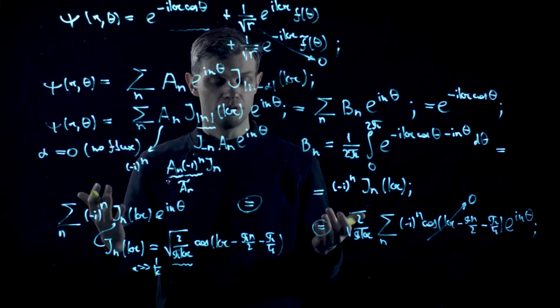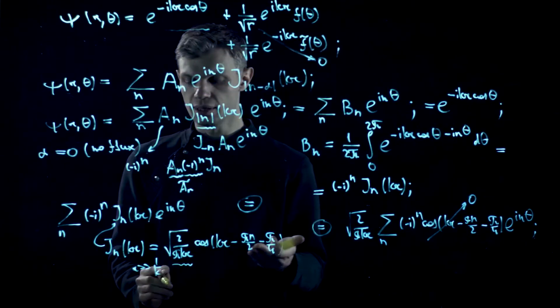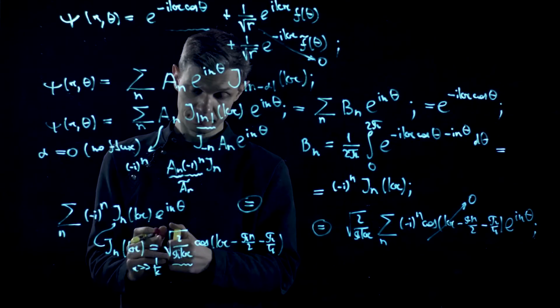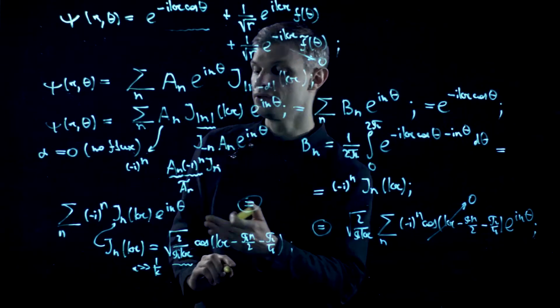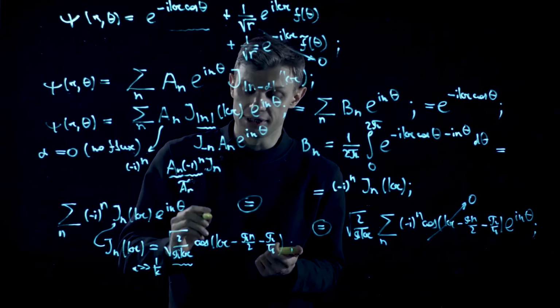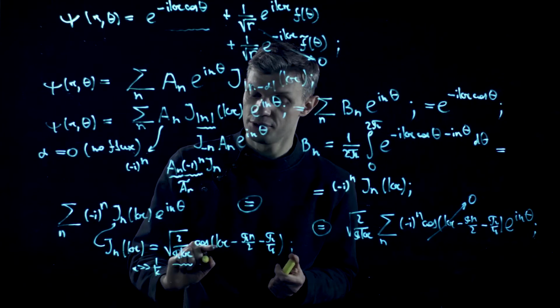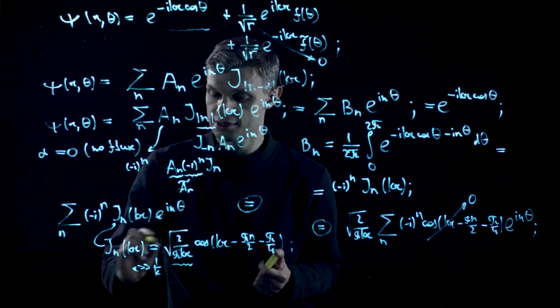Well, the only possible answer is that somehow we can't use this asymptotic expression for our Bessel function. And why didn't it work? Obviously because this asymptotic expression is only valid for not very large values of the index of the Bessel function.